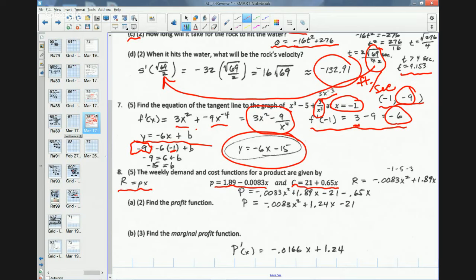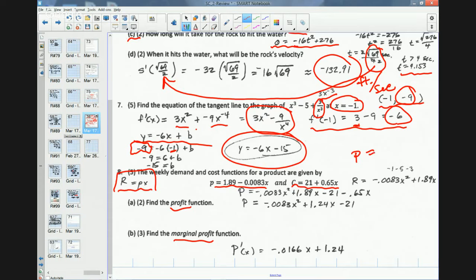This revenue I did not give you; I had to figure that out by using this. Why do you need the revenue? Because if you look down here, I asked you questions about the profit. Do you notice that I never gave you the profit? Not once.